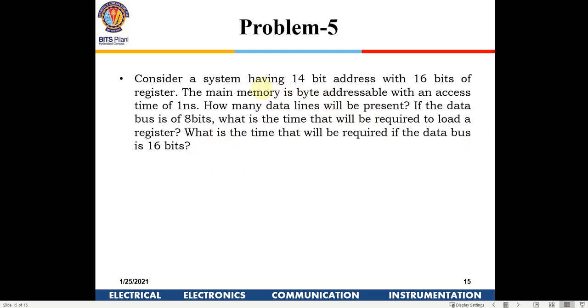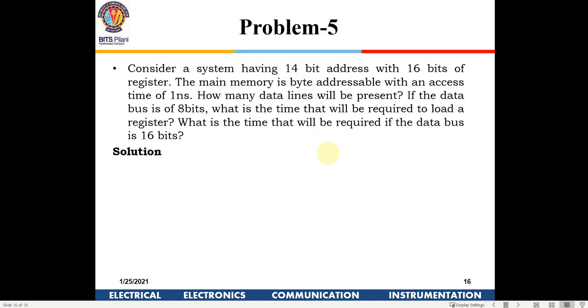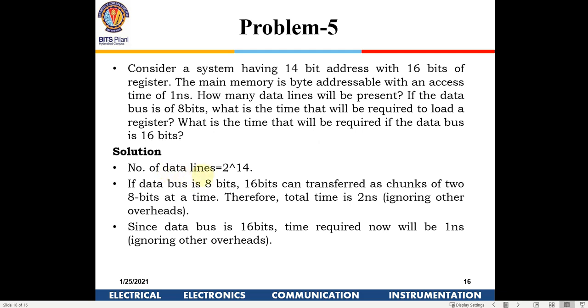Now it says consider a system having a 14-bit address. The address line is 14 bits with a 16 bits register, right? So these can be different. Each memory row is 16-bit data, but the total number of different memory locations will be 2 to the power of 14.